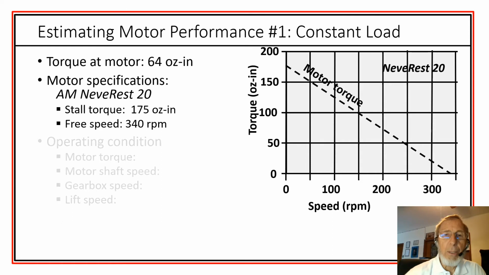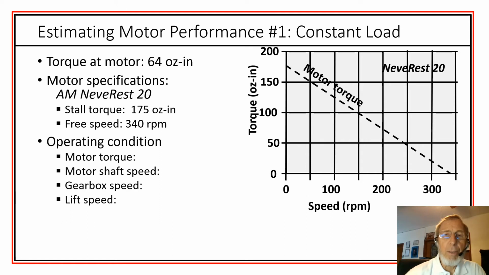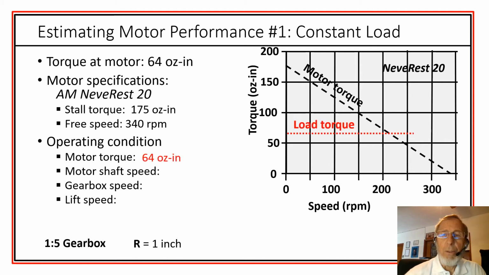And think again about that 64 ounce-inches. From this information, we should be able to define other operating conditions. We put the 64 ounce-inches on the graph, where that intersects with the motor torque defines the operating condition.